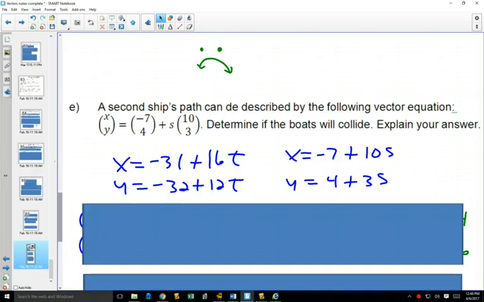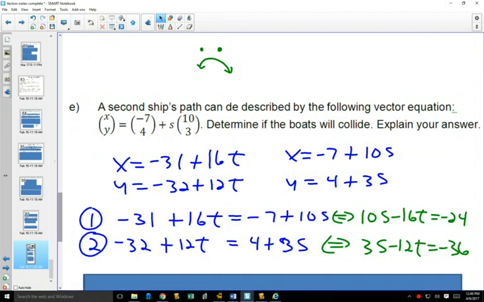So if we put our parametric equations here, we've got one equation with t, one equation with s. And if you put both of those together, you get two equations with two unknowns. So we'll often have on the IB exam or in questions simultaneous equations appear in the middle of a question.